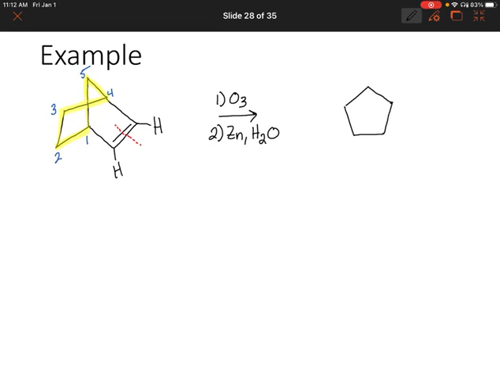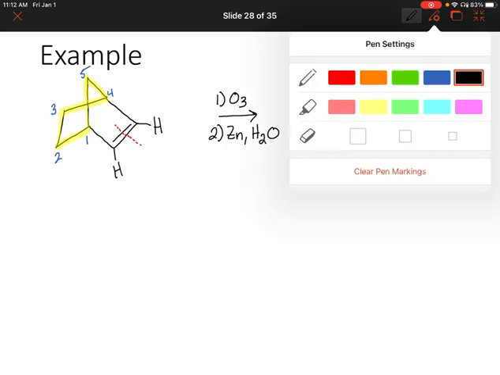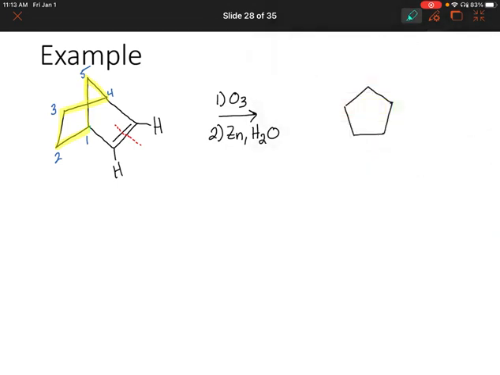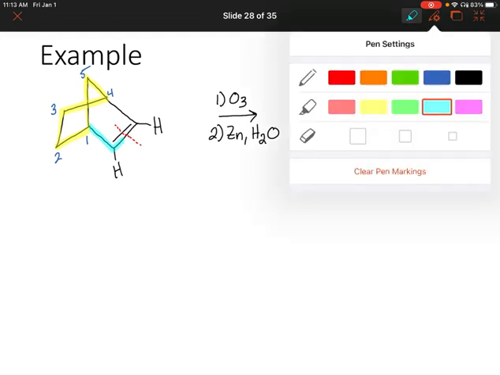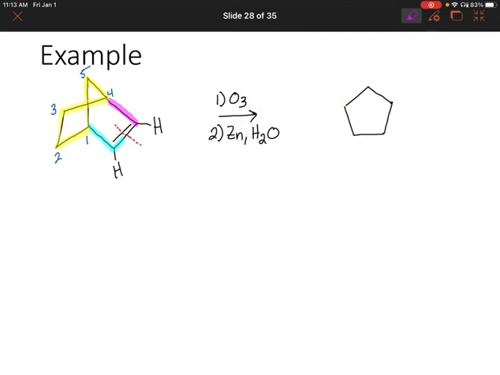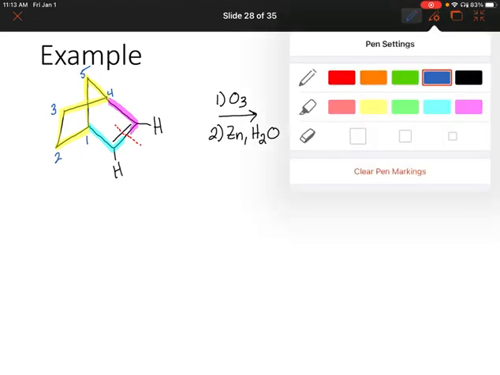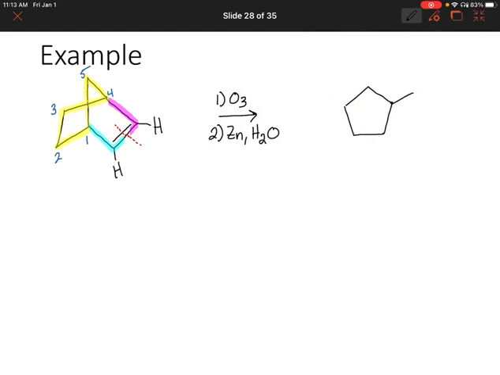And then it looks like beyond that, I have this bond here. And then on the other side, I have another bond. So I've got a carbon with a double bond. And we know that those double bonds will end up with oxygens on them. And then we have a hydrogen attached as well.